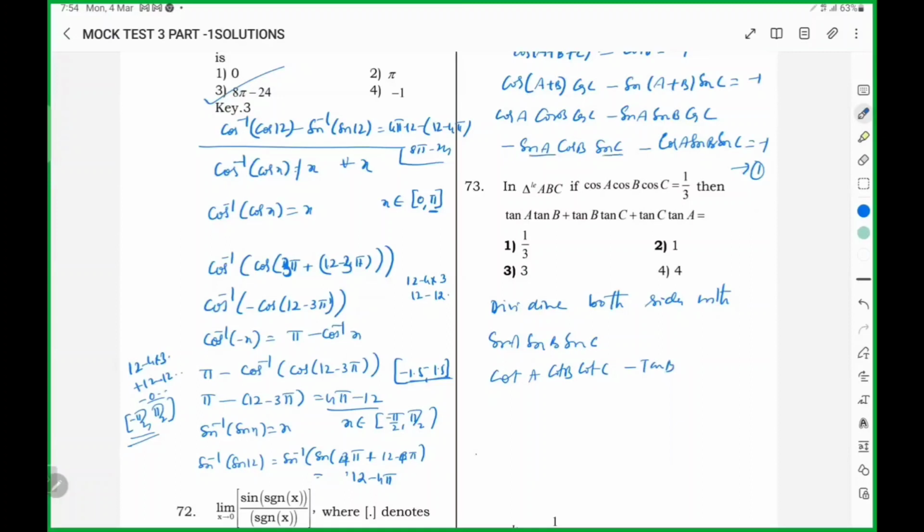Here, sin a cos c means, okay, divide with cos a cos b cos c.